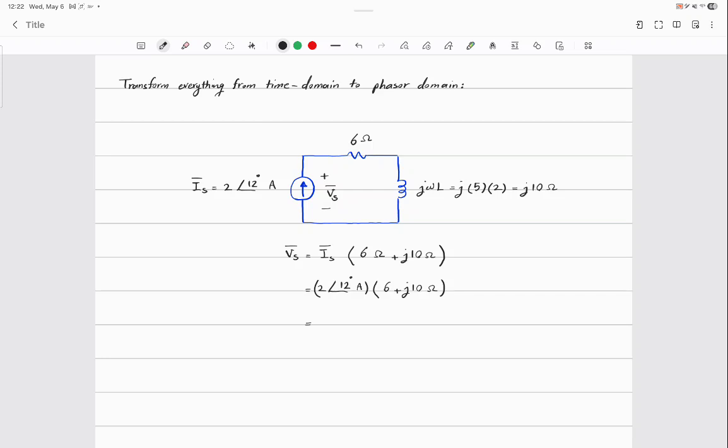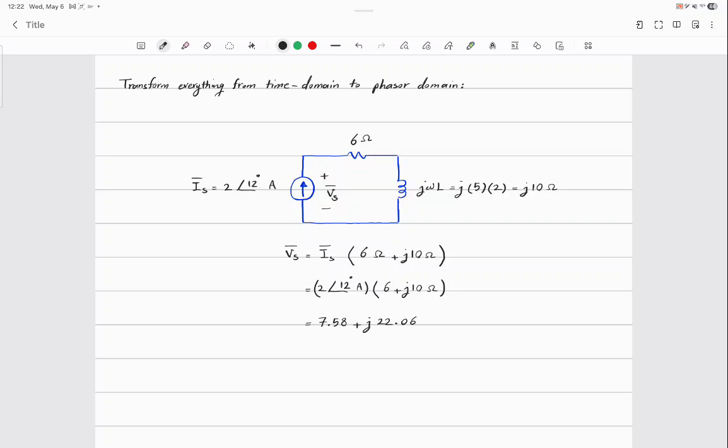Yes, I got 7.58 plus 22.1, basically. Don't forget the j. The second number that you're reading is the imaginary part. 22.06, right? Yes.